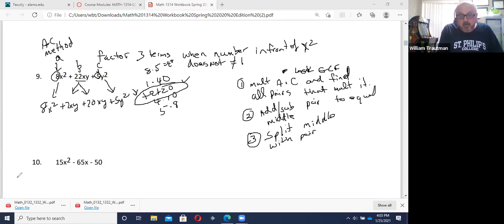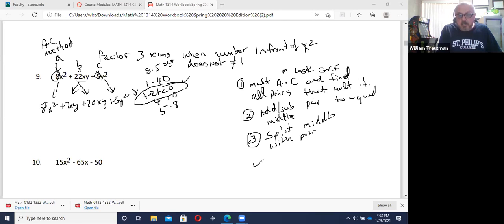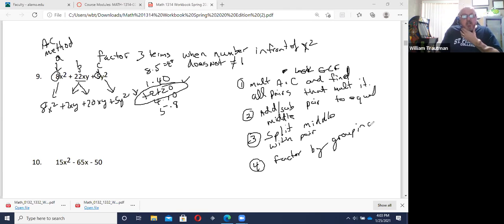And then step 4, factor by grouping. I'm sorry, I'm going to leave this problem and come back to it. I should have shown you how to factor by grouping first. I'm not going to put the steps for factor by grouping here because I want to actually do a factor by grouping problem, and we have those up above.